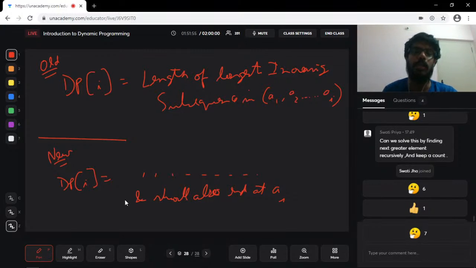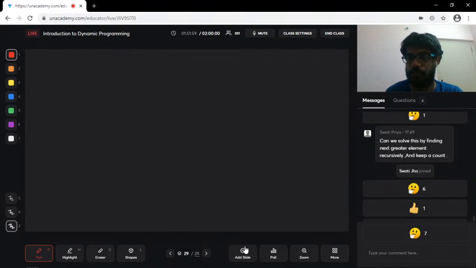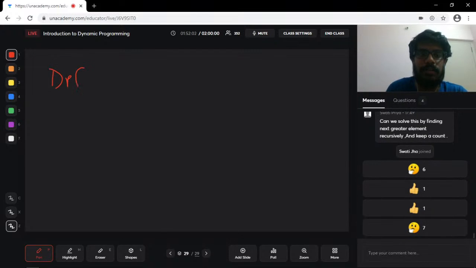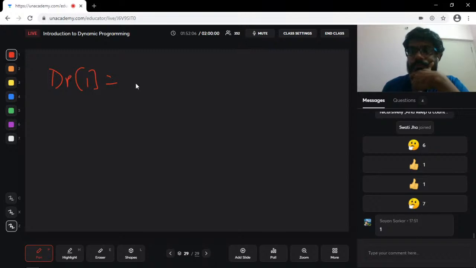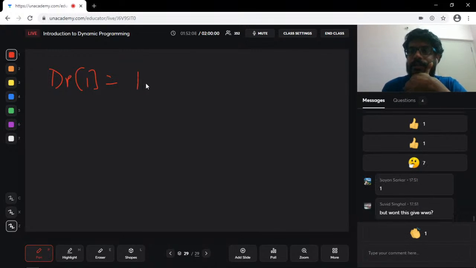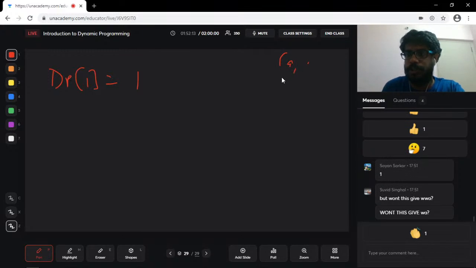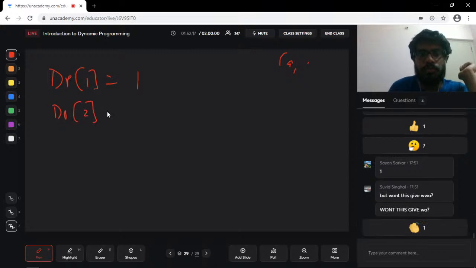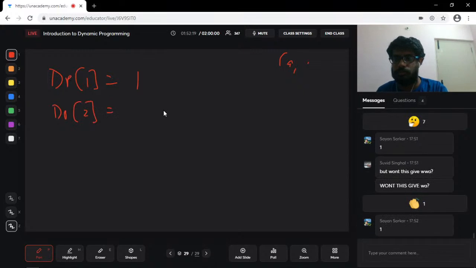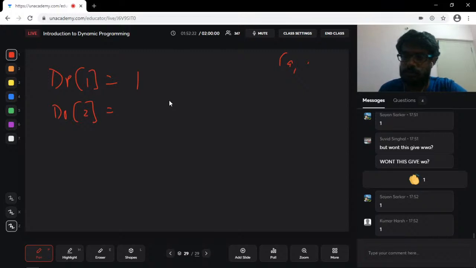Now let's do the same process again with this new definition and see if it goes through. What is DP of 1? DP of 1 is again 1. I have A1 and I'm just going to pick A1. It ends at A1, so no issues. What is DP of 2? It again depends.